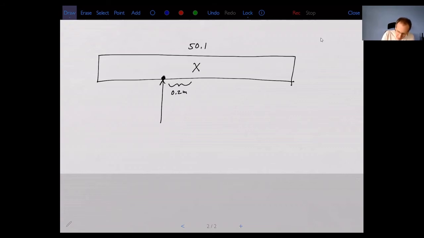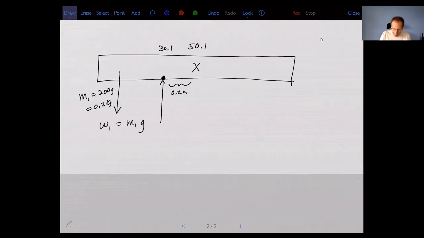So basically what I did was I put this knife edge at 30.1, right? Then I hung 200 grams. So I'll call this M1, 200 grams, which is the same as 0.2 kilograms. And that is going to give me a force, which is the weight. How do I get that?